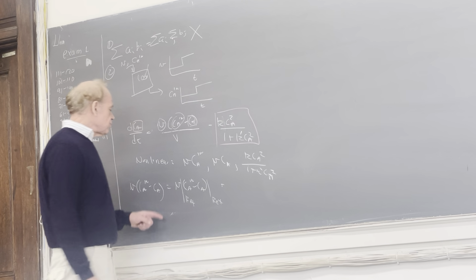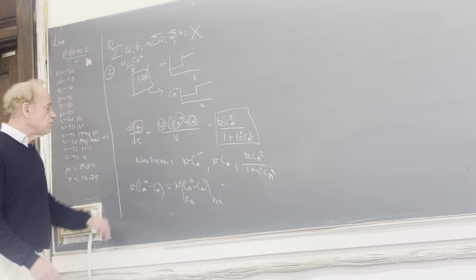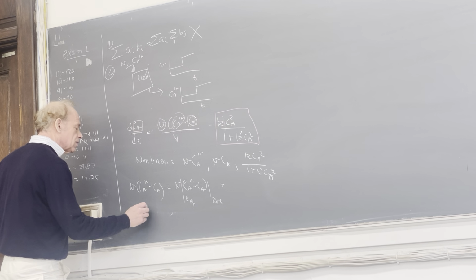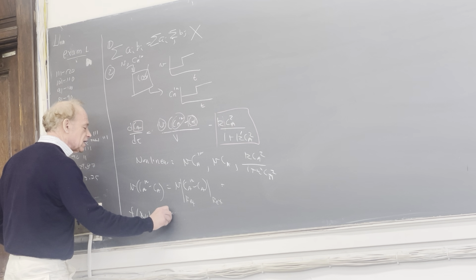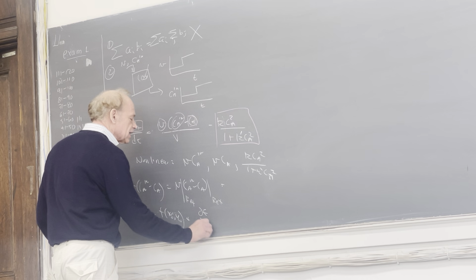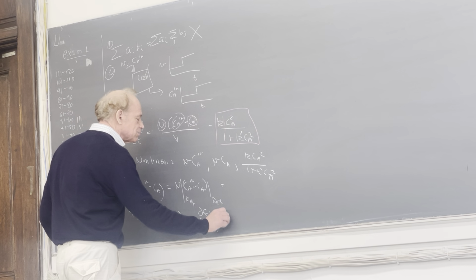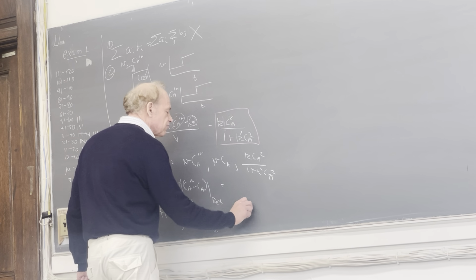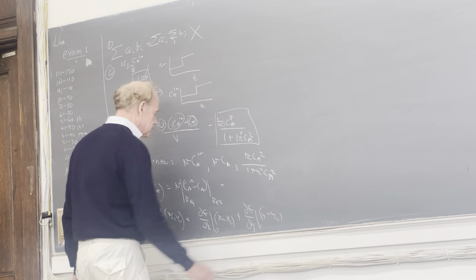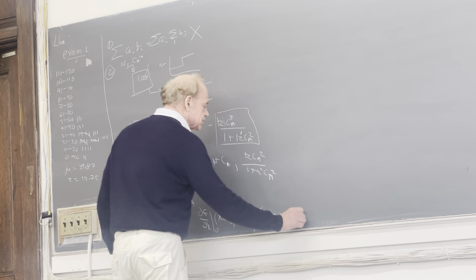plus the derivative. This is a function of two variables. F of x and y is f of x0, y0, plus the f dx at 0 times x minus x0, plus the f dy at 0 times y minus y0, plus nonlinear terms.